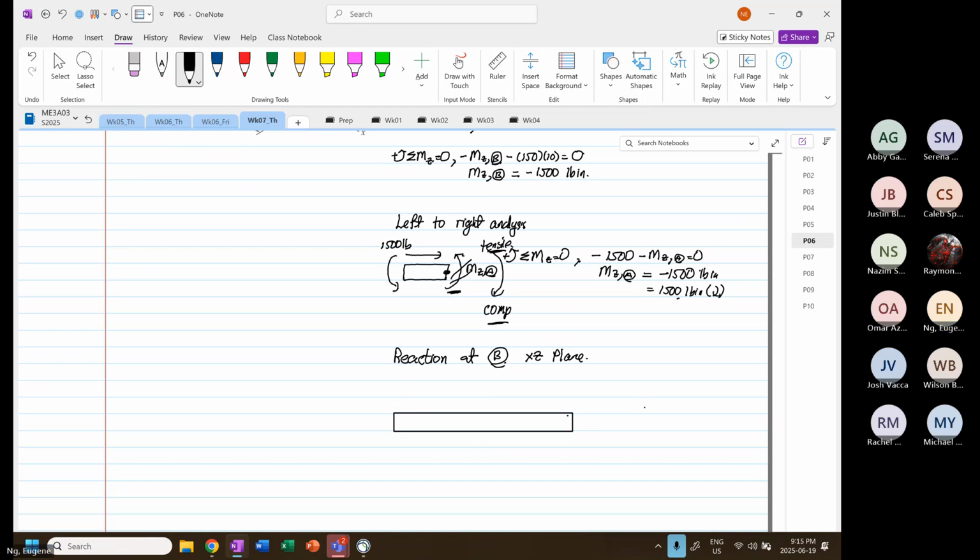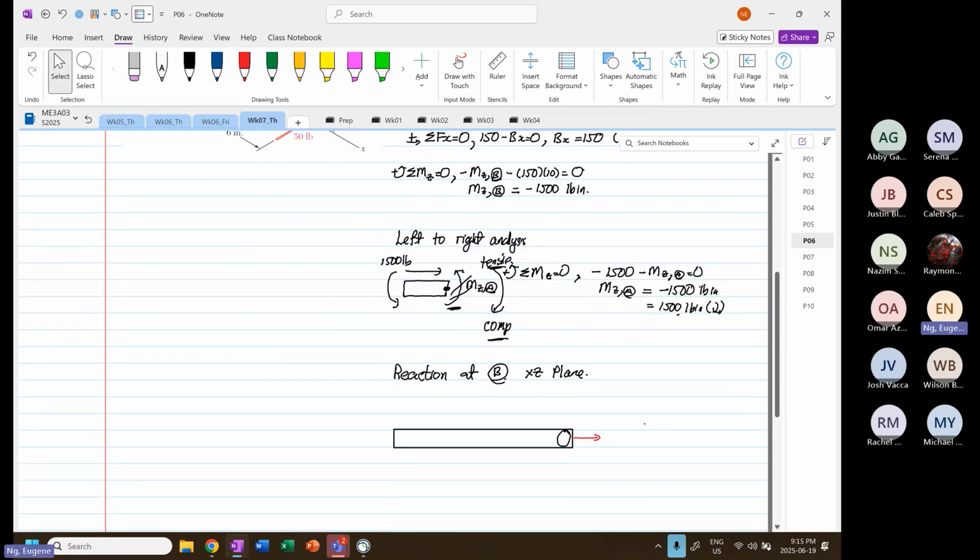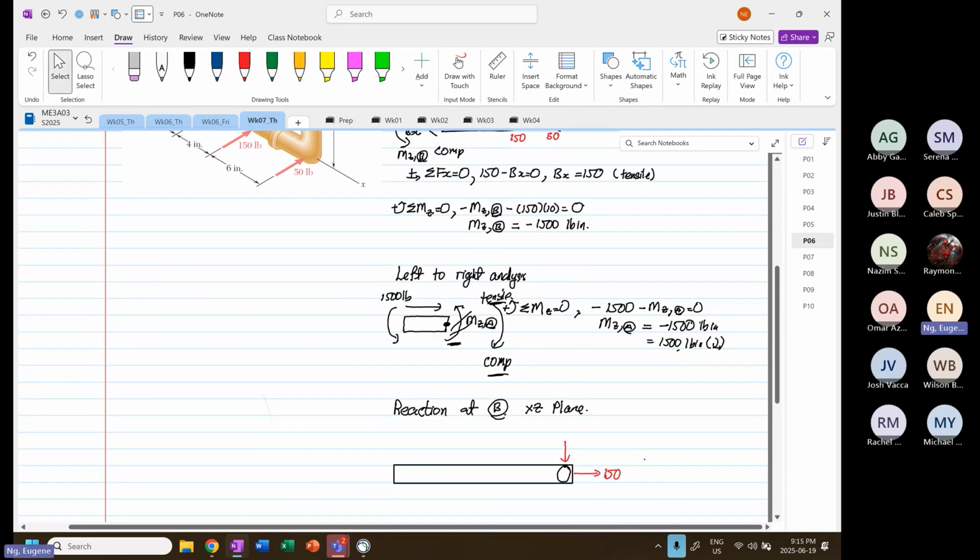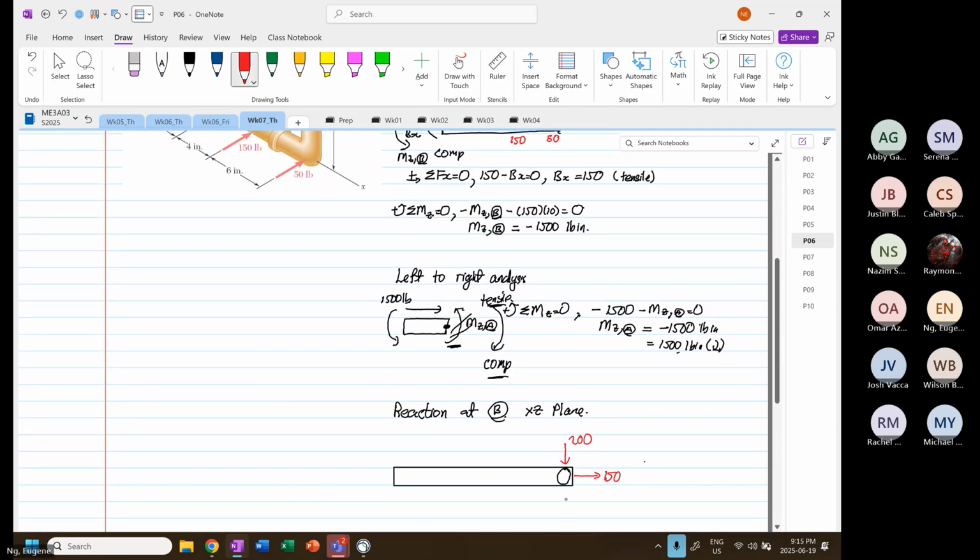So we know that we have a load down here at 150. We have a load coming down, this is at 200. We have a load down here going out, 50.